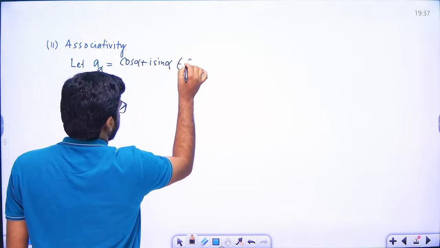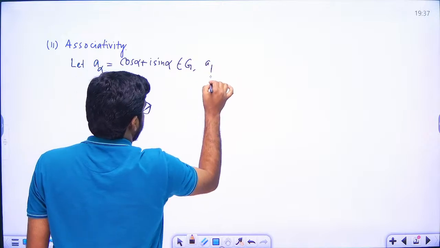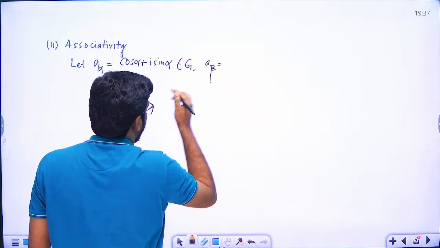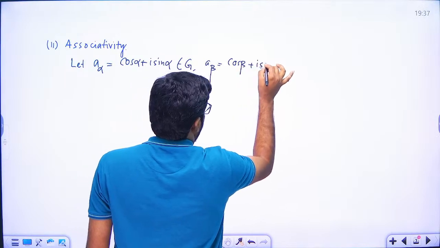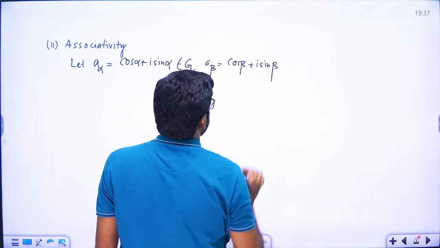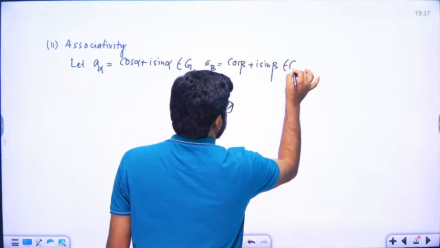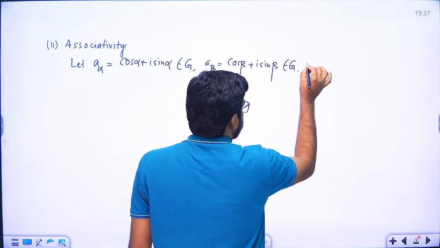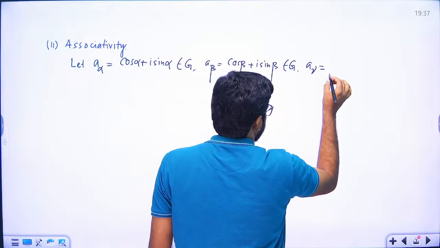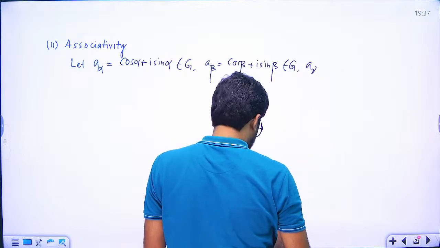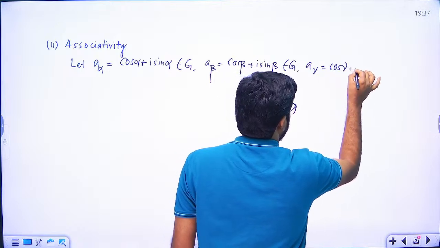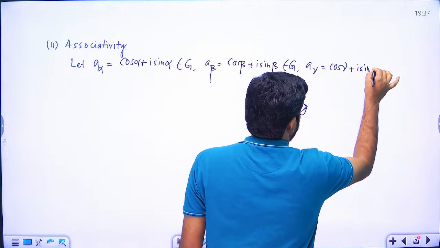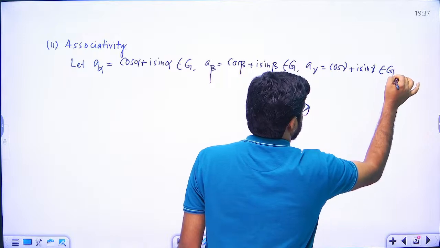So a alpha belongs to G. a beta is cos beta plus i sin beta. So this belongs to G. And we consider another element a gamma, which is cos gamma plus i sin gamma. So this belongs to G.